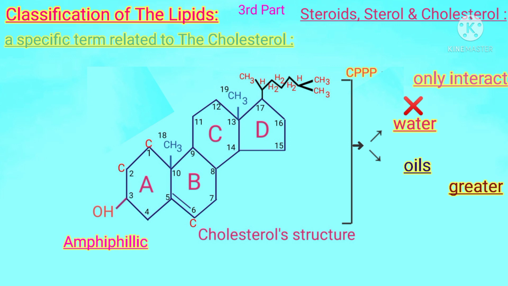The most common example of a sterol is cholesterol, which also has the CPPP ring, along with an 8-carbon side chain and 2 methyl groups with a double bond. So some changes happen in the steroid structure to form the cholesterol structure. We have also discussed the importance of cholesterol and its amphiphilic behavior.